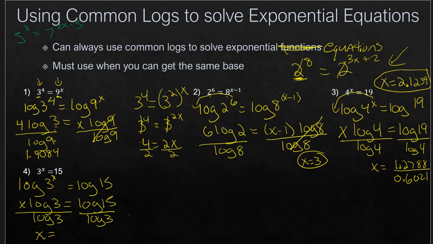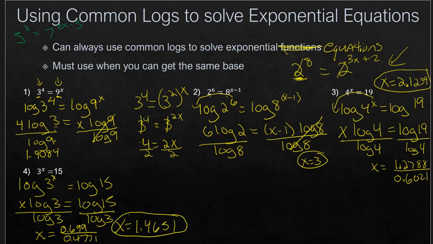So for this one, you'll have 0.699 for the log of 15, and for the other one, I have 0.4771. And when I divide those, my actual answer for x is 1.4651.